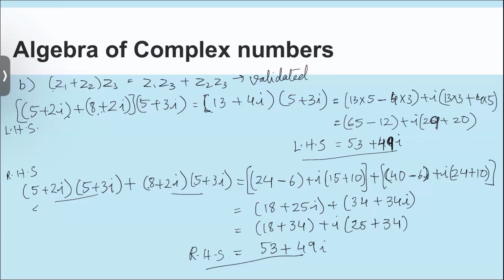So we can see that multiplication of two complex numbers satisfies a number of properties like the closure law, commutative law, associative law, and the distributive law.